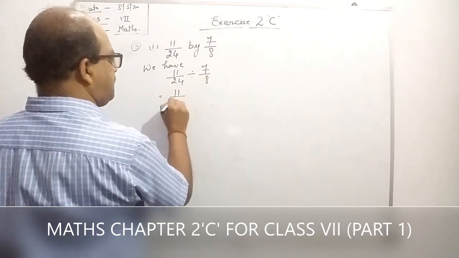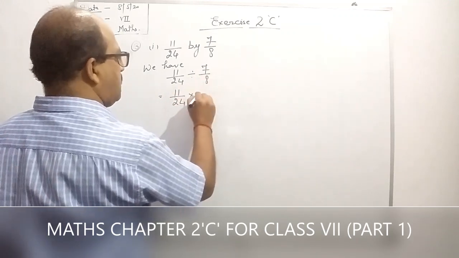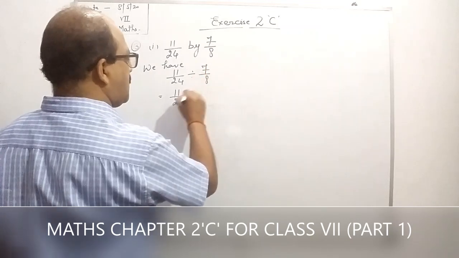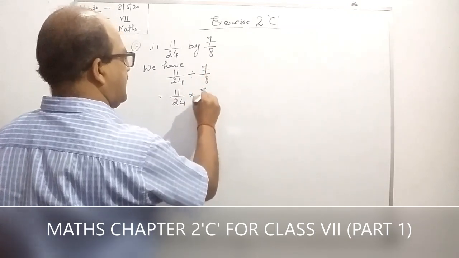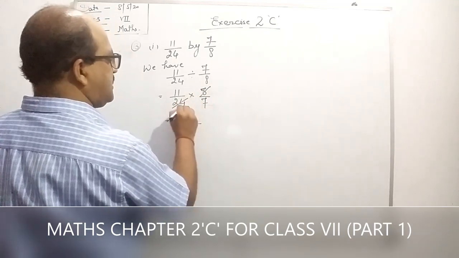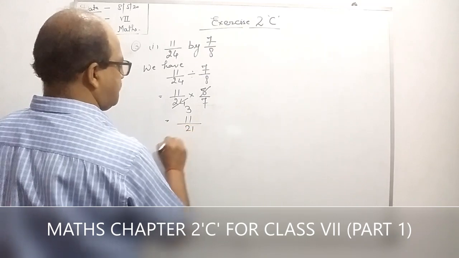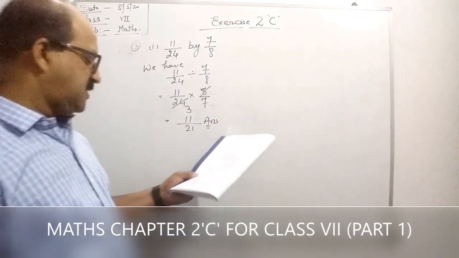When we simplify this, we take the product and multiply by the reciprocal of the given number. So 8 by 7, 8 threes are 24, and 11 by 3 into 7 is 21. So 11 by 21 is the answer of this question.